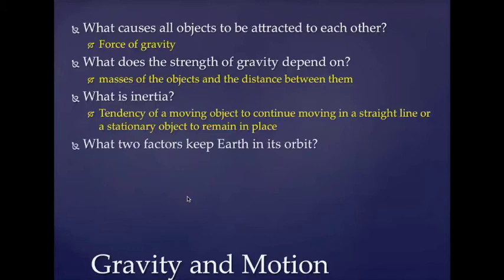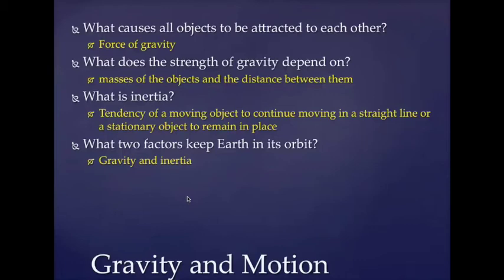Two factors that keep Earth in its orbit: gravity and inertia. These two in combination are going to keep it there. Gravity is going to pull it towards, inertia is going to keep it moving away. So think of the Earth as it revolves around the sun.